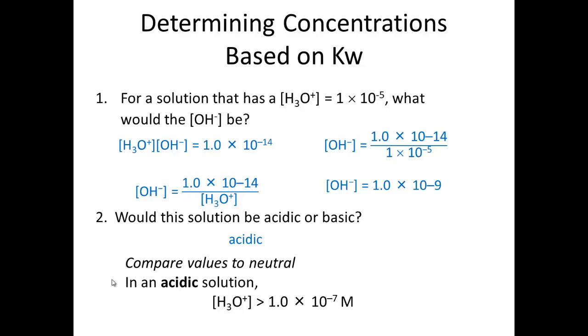Notice negative 7 is smaller than negative 5, so 1 times 10 to the negative 5 means I have more hydroniums than at neutral. The same thing goes for hydroxide: I should have less in an acidic solution, and 1 times 10 to the negative 9 is much smaller than a neutral solution.